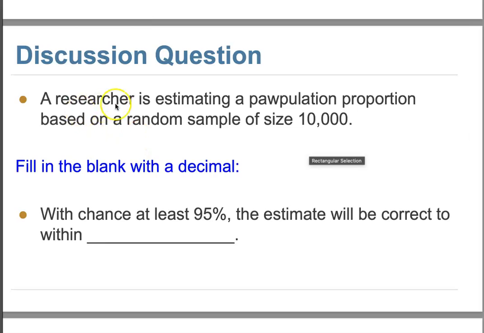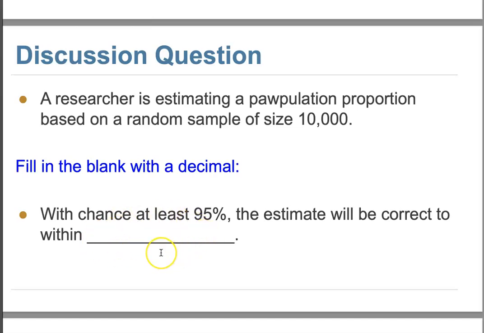Okay, so this one is a little different. They say the researcher is estimating a population proportion based on a random sample. The sample size is already 10,000. With a chance of at least 95%, that means the confidence interval is 95%. The estimate will be correct to within how many percent?